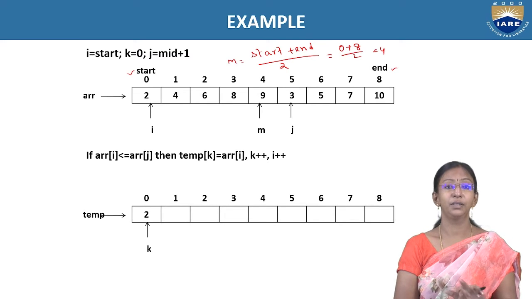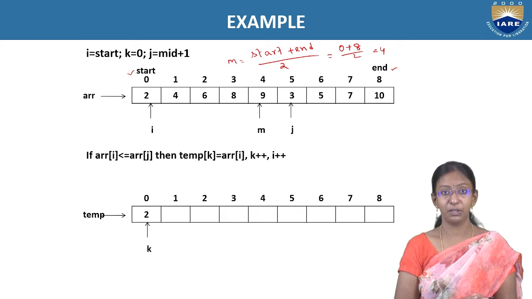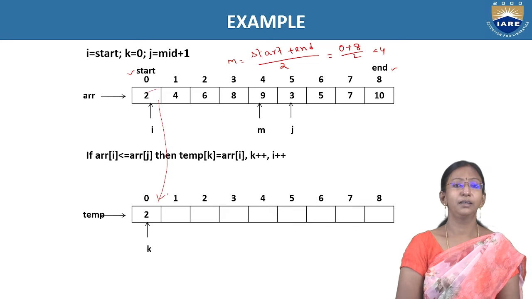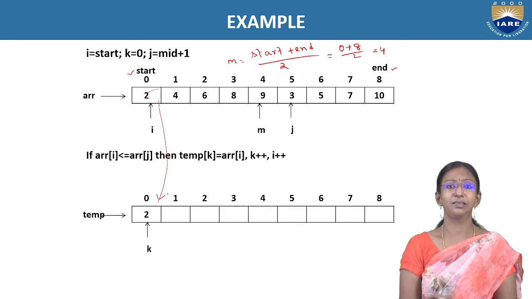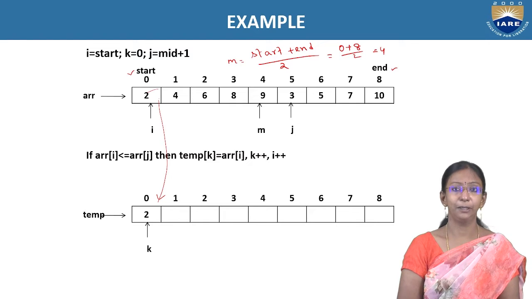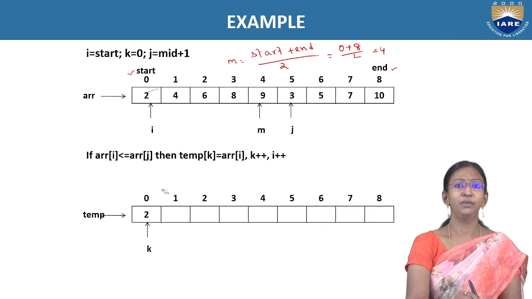As I said, merge sort needs extra space. So 2 has been shifted to the temporary list, which is regulated by the variable k. As its first index is filled with 2, increment k.